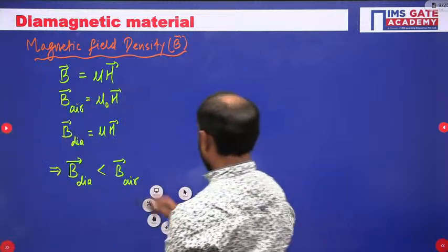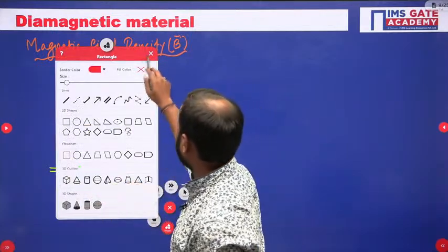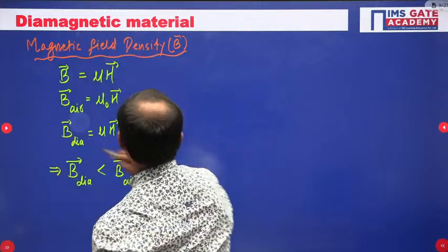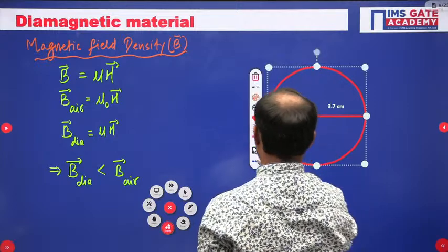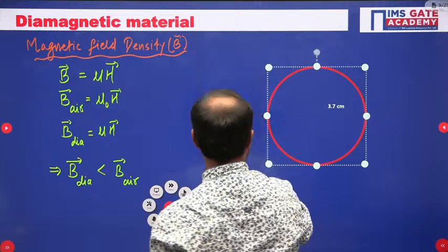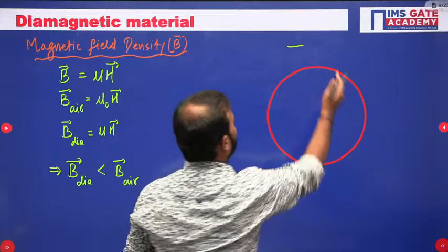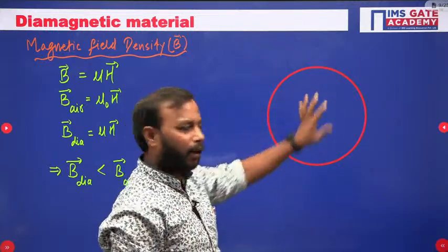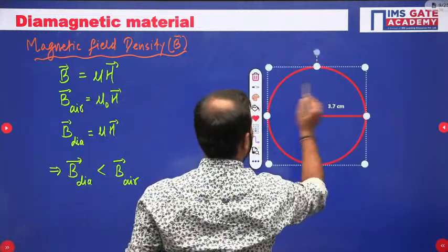So see, what we can conclude from this relation. Suppose this is a material that we have, and outside is air, and this is a ferromagnetic material. It is better to draw like this. Just a second.